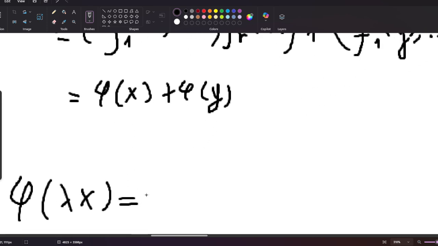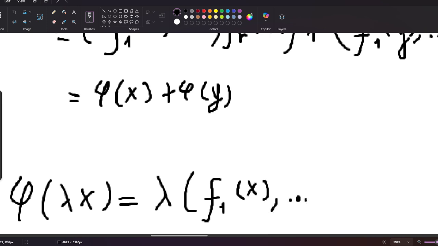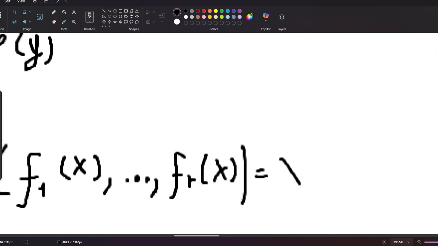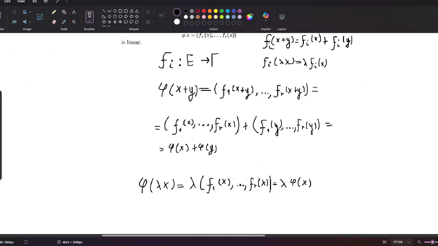So I don't think I even want to bother writing everything down. I'll just write down the final result here. And it is going to be equivalent to just lambda times phi of x. Okay, cool.